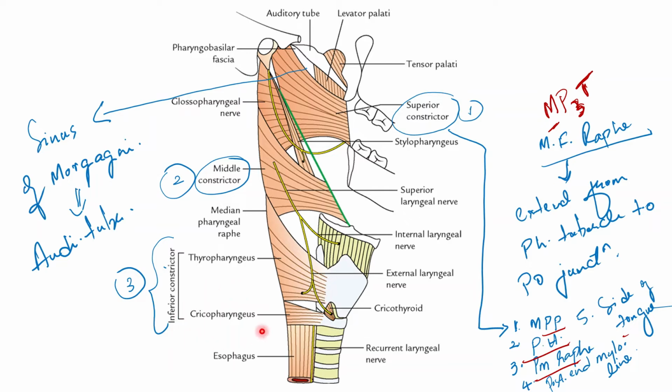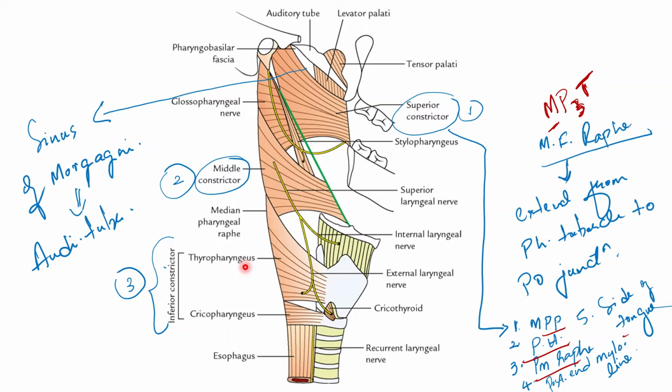The cricopharyngeal part of the inferior constrictor takes its origin from the anterior arch of the cricoid cartilage. So the thyropharyngeal part is from the oblique line of the thyroid cartilage, and the cricopharyngeus from the anterior arch of the cricoid cartilage. So this is about the origin of the inferior constrictor muscle.